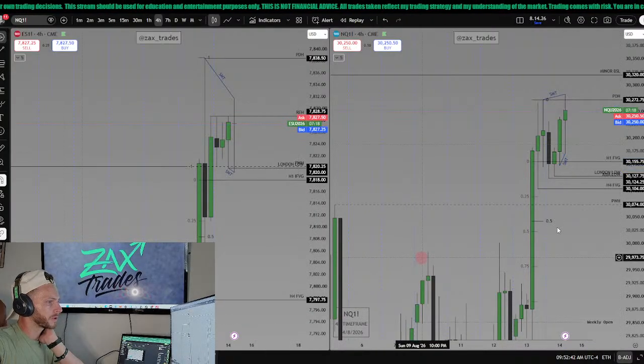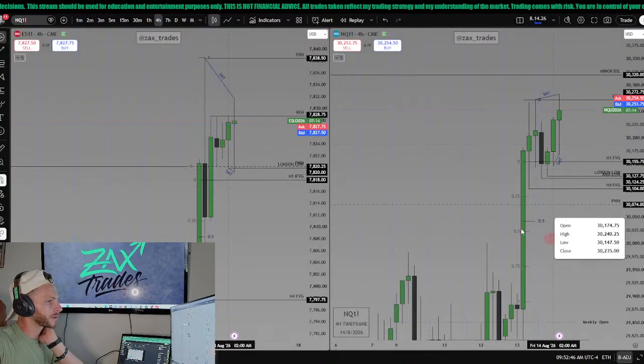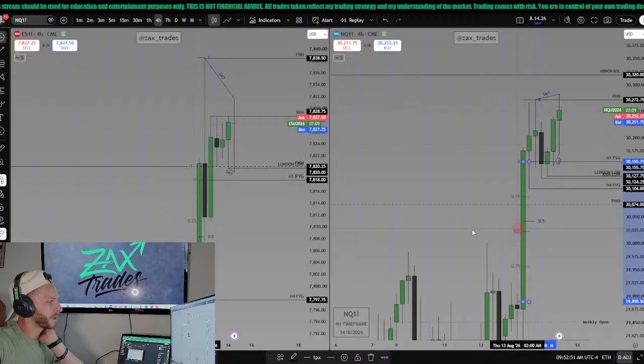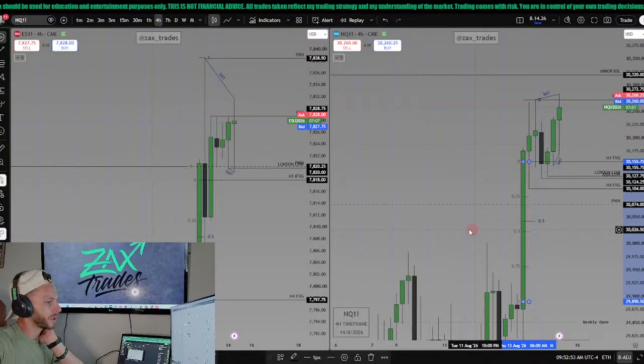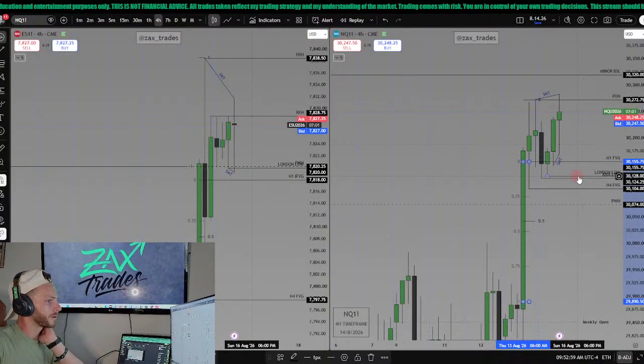So pretty big 4-hour SMT there. That did give ES the sweep of London low, and London already swept Asia low. So for me, all of this liquidity down here for ES has been cleared out.